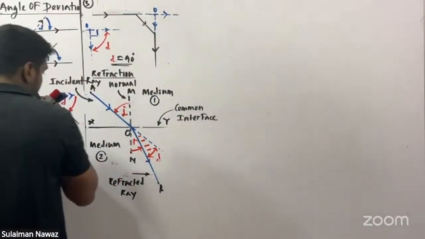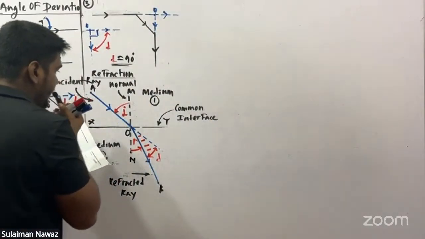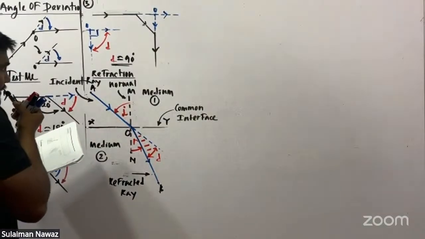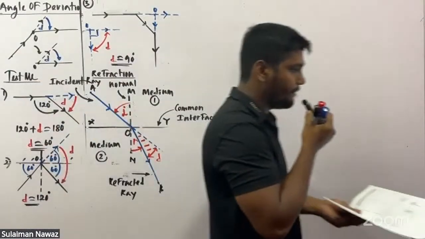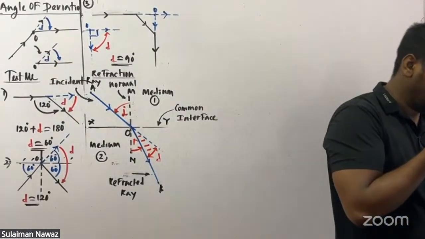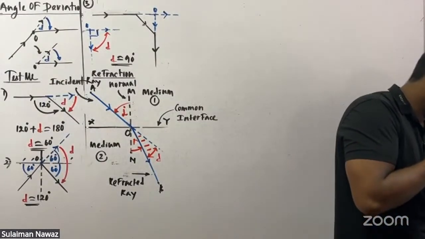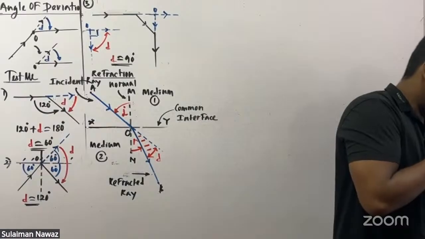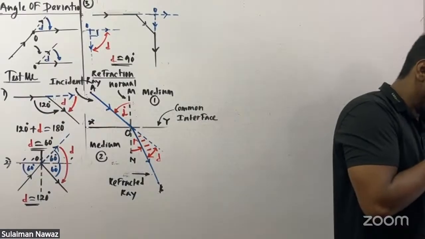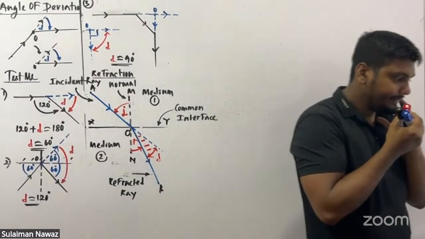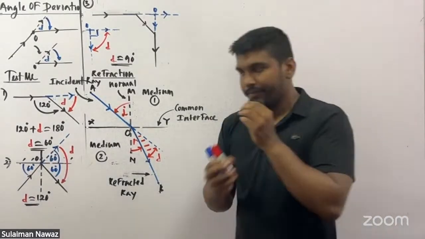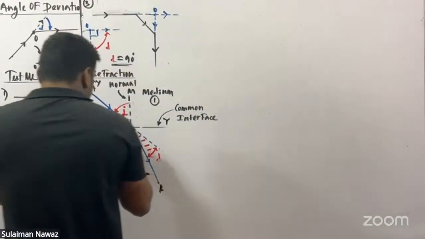AO is the incident light ray. AO means incident light ray. What is OB? OB is the refracted light ray.